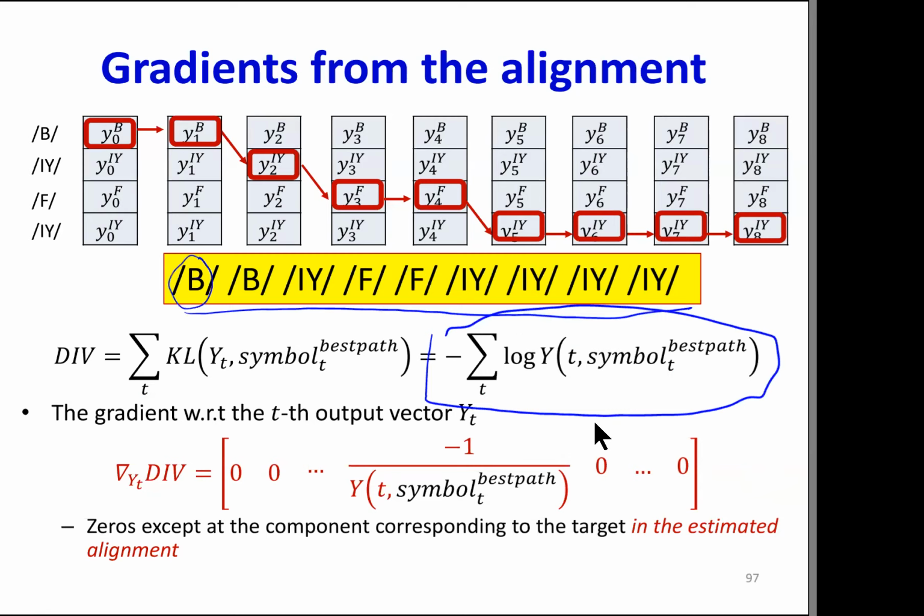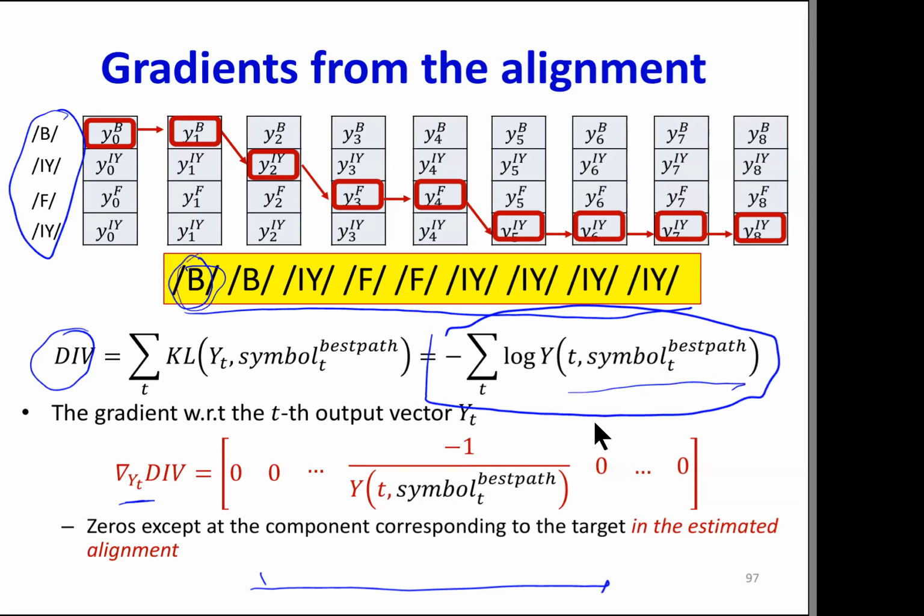And now when I take the derivative of this divergence with respect to the output of the network at any time. Remember, the network itself produces a probability for all the symbols, all the phonemes, including phonemes that are not in the sequence, right? But at any given time, the divergence itself only considers the probability of the specific aligned symbol at that time.